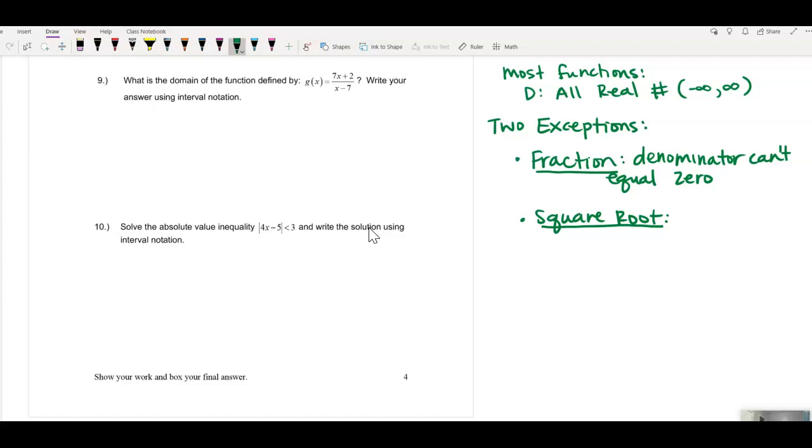So I'm just going to write it this way. Can't take the square root of a negative number. That'll be a little bit more precise.